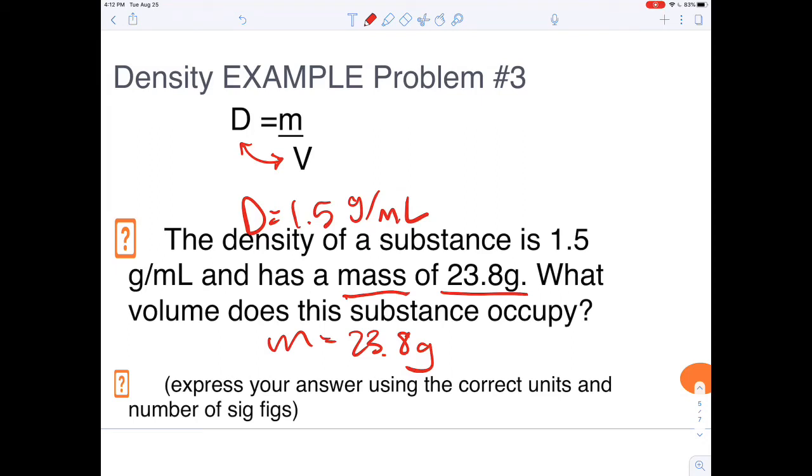I'm multiplying both sides by volume, and then dividing both sides by density. Algebraically, we end up with a volume formula: mass divided by density. So you've got those two numbers. Go ahead and solve, and for all these, make sure you're using the correct units and the correct number of significant figures. Okay, that's it.